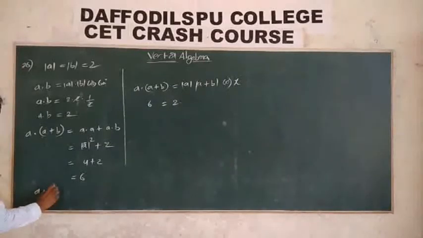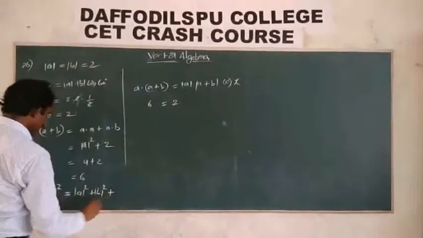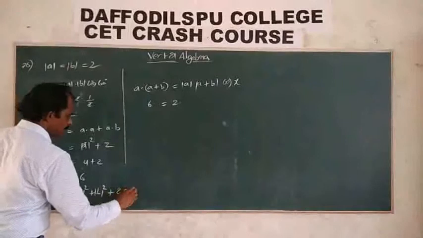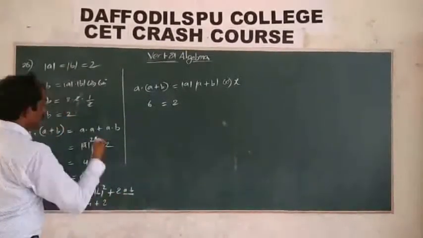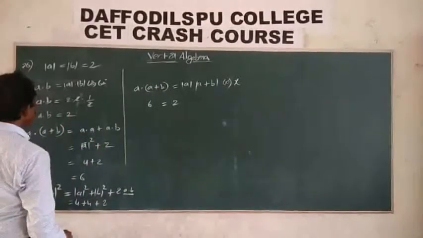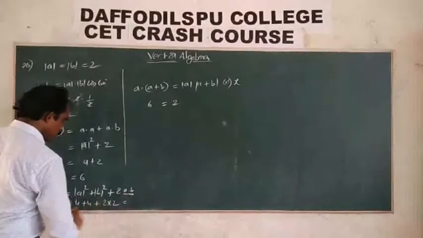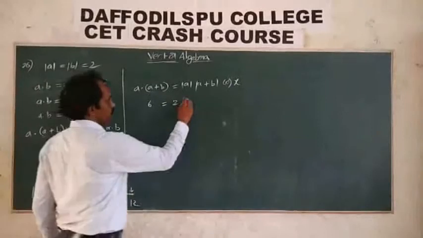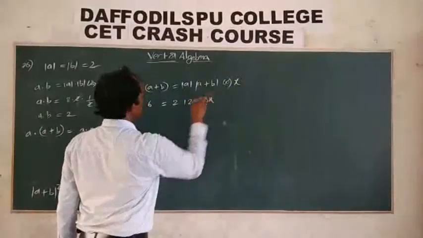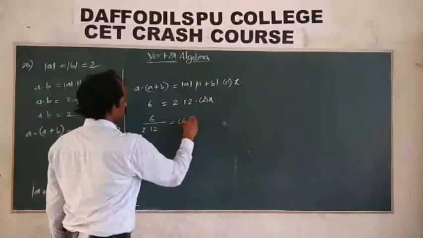Therefore, A plus B whole square is mod A square plus mod B square plus 2 times A dot B. So this value is 4 plus 4 plus 2 times A dot B. Apply this formula. What is the answer? A dot B value is 2, into 2, so this is equal to 4 plus 4, 8. 8 plus 4, 12. So 12 into cos x. So 6 divided by 2 into root 12 is equal to cos x.